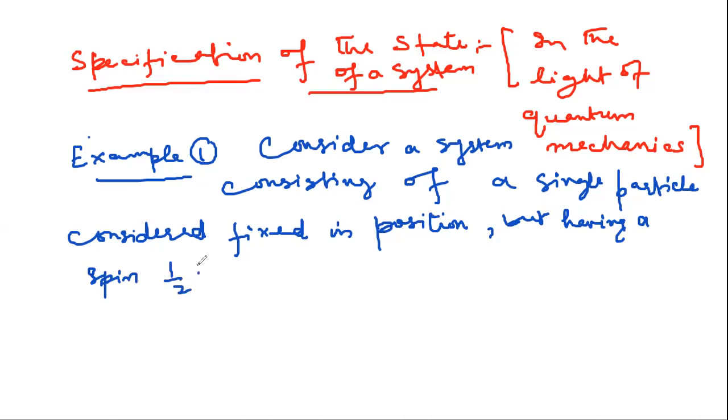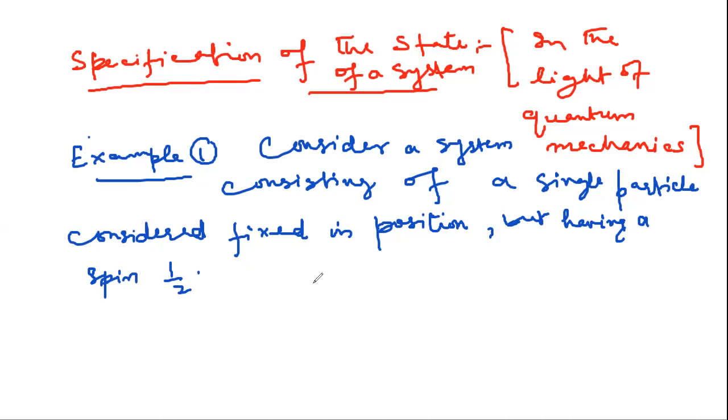This is our first example. So I have a system which comprises a single particle. That particle is considered fixed in position. That means it is localized, but it has a spin half.